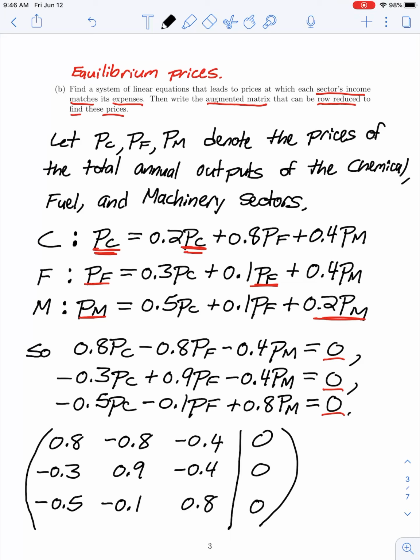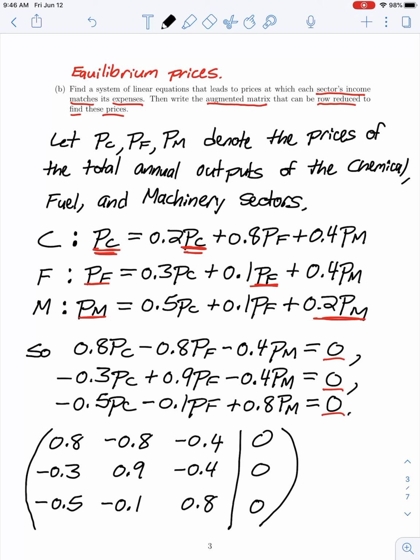So in this example, if we needed to, we could row reduce this matrix to find the equilibrium prices P sub C, P sub F, and P sub M. It's a little bit messy to do in this case. Namely here, notice that each of our rows involves decimals.